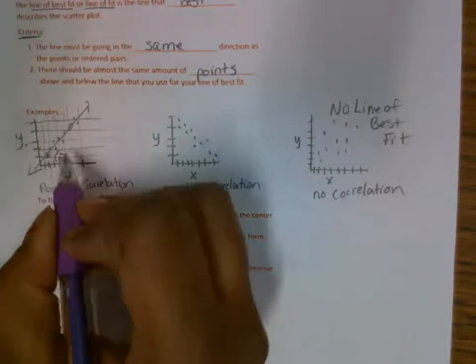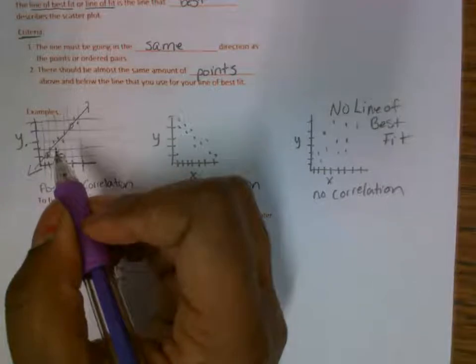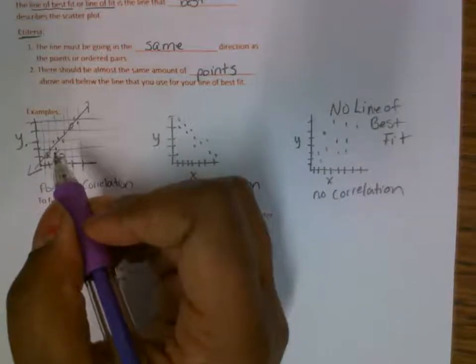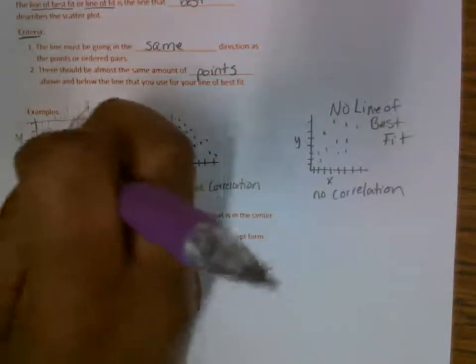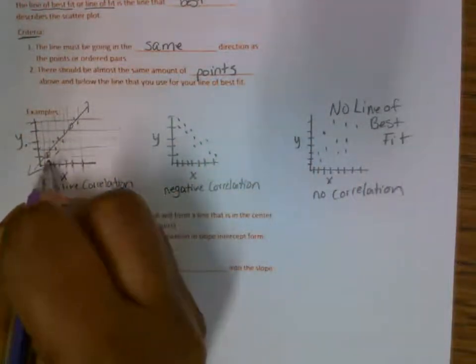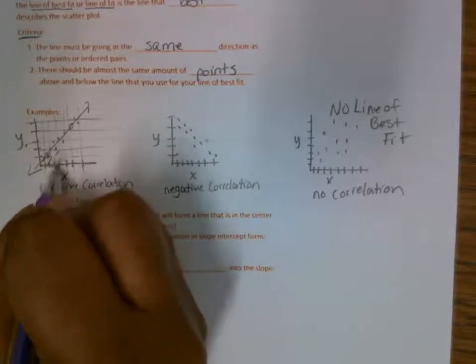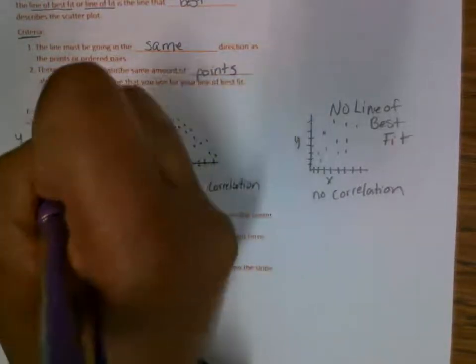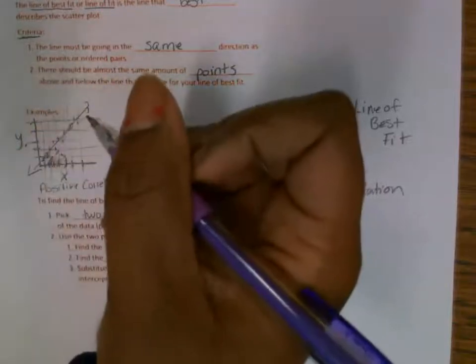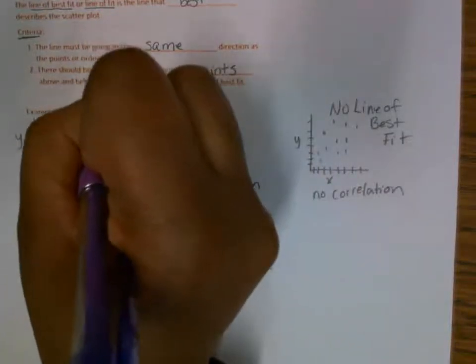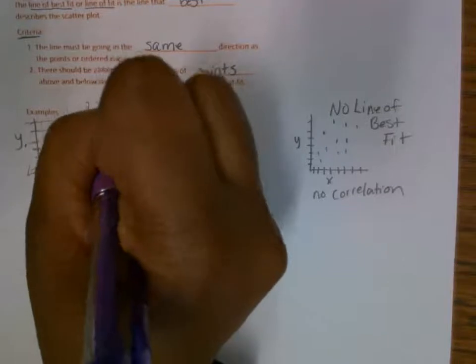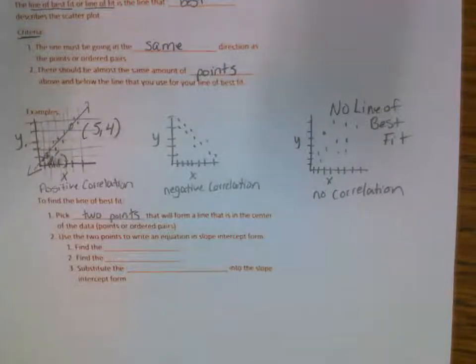Actually, let's use the same points I used in my last class, just in case they want to watch this video. Let's use 1 comma 1, and let's use 5 and 4. We'll use those 2 points.